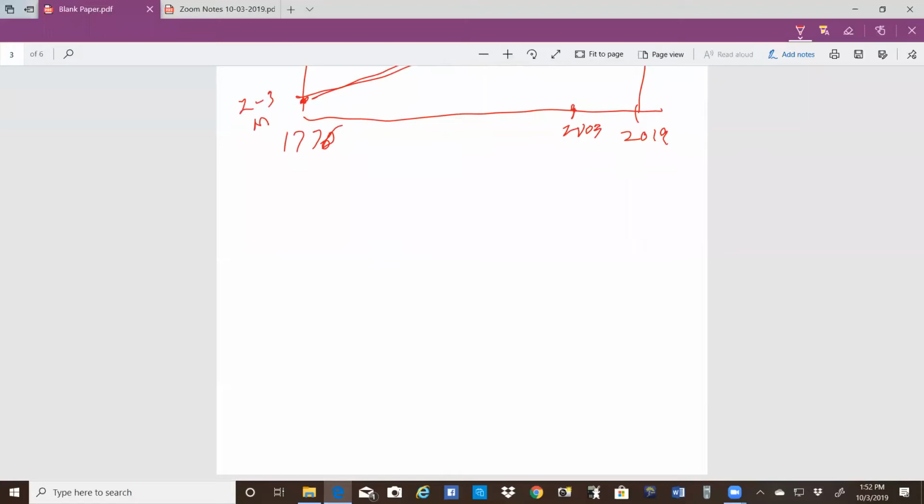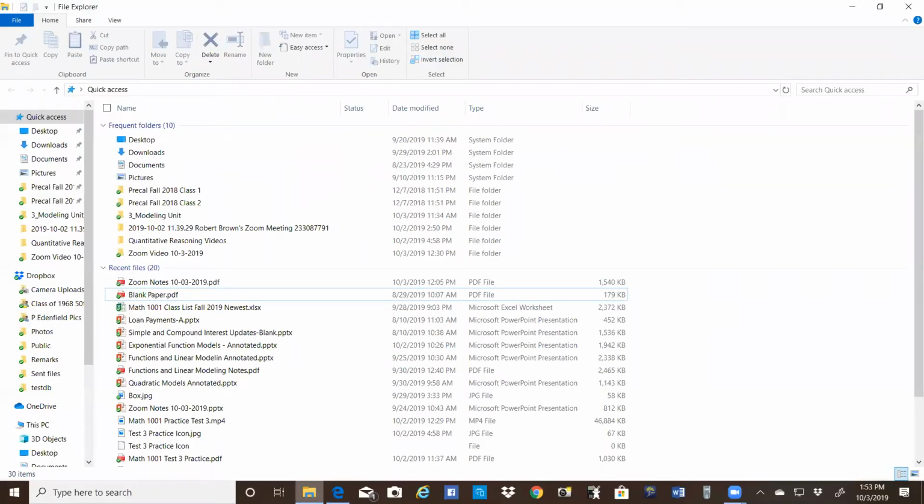Anybody got any ideas? There's a lot of things I'd like to see go down. What's that? Unemployment, crime rates. Yes, very good. You're right on unemployment. In fact, would you believe, I'm going to show you something on my computer. You mind?